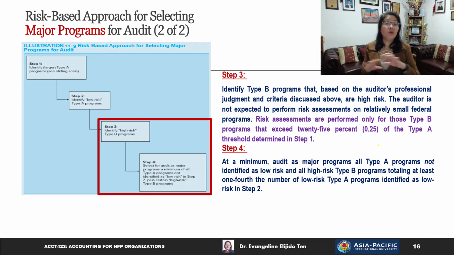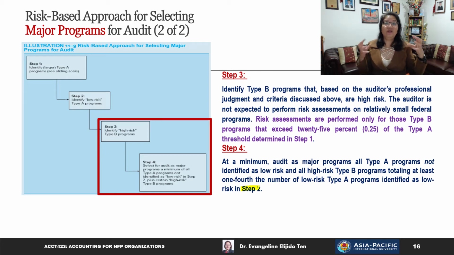major programs of all Type A programs not identified as low risk, and all high-risk Type B programs totaling at least 1/4 the number of Type A programs identified as low risk in step 2. Now that's quite a mouthful, but it's pretty much like this.